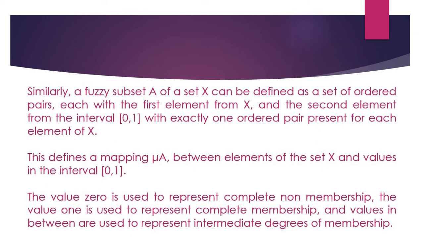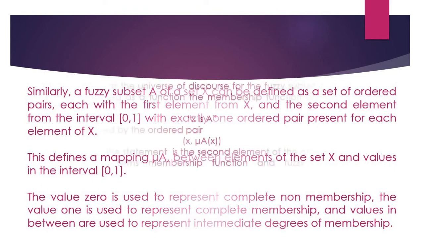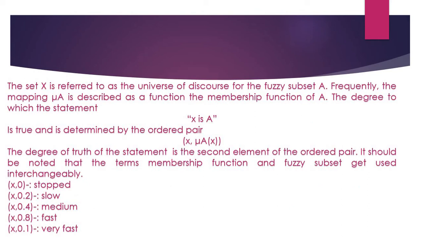Similarly, a fuzzy subset A of a set X can be defined as a set of ordered pairs, each with the first element from X and the second element from the closed interval [0, 1], with exactly one ordered pair present for each element of X. This defines a mapping mu A between the elements of the set X and values in the interval [0, 1].